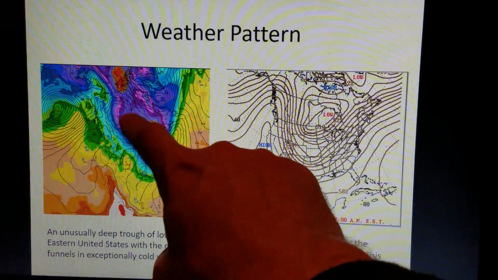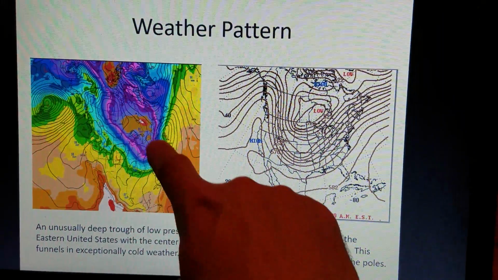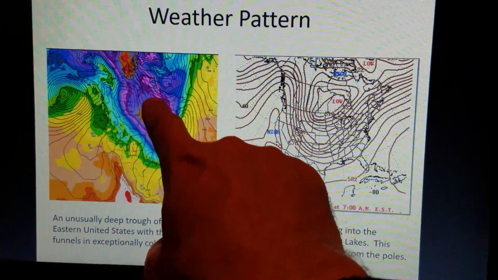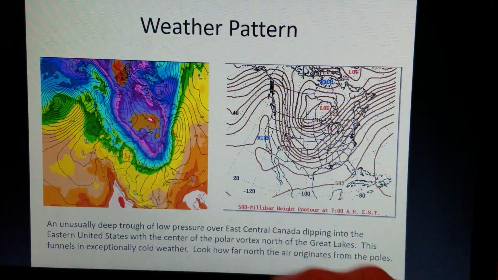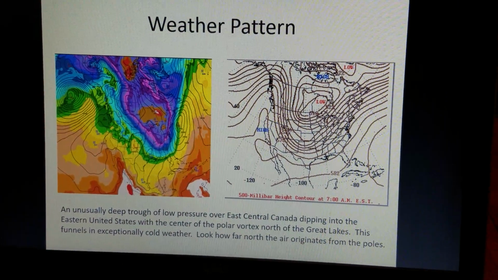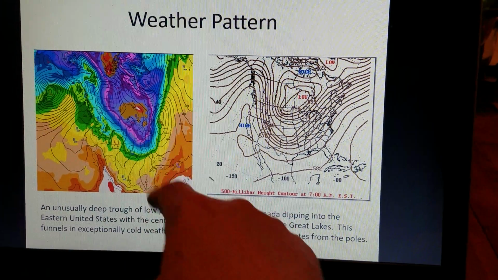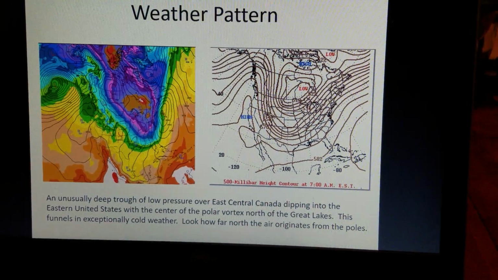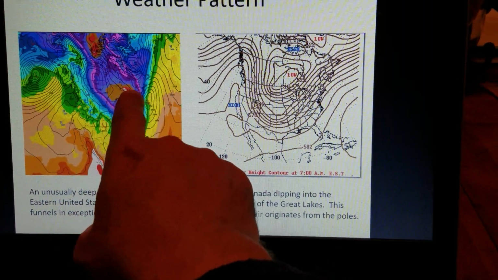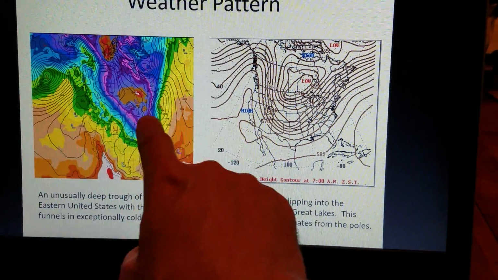Generally we have a huge displacement, a dislodging of colder air from central Canada, an abnormally displaced area of cold air that dives into the United States. Mainly the Midwest and the East is where it impacts the most when the polar vortex is displaced. In this case, the polar vortex is located right over south central Canada, and these different colors indicate colder air.